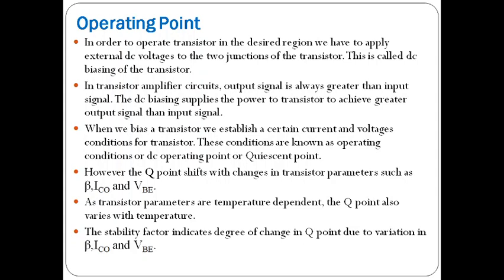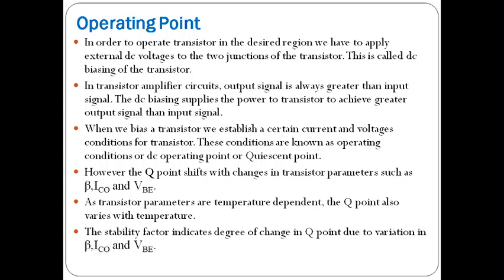This operating point is shifting with these parameters. These three parameters are dependent on temperature. When temperature changes, these three parameters will change, and the Q point will again shift on the DC load line.